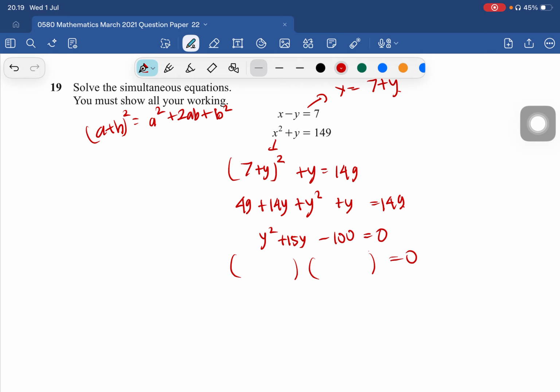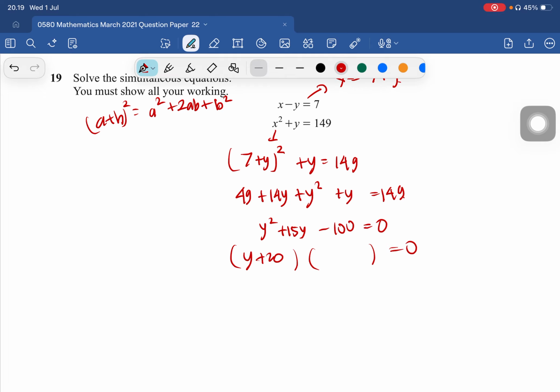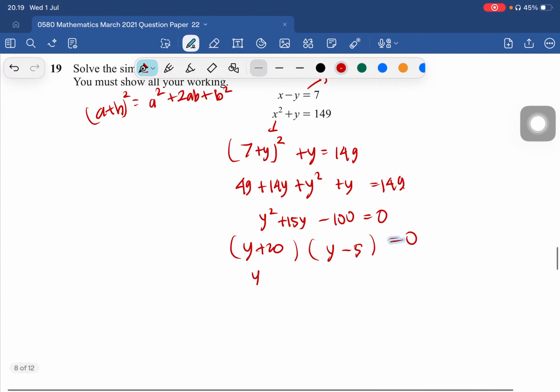When we multiply it equals negative 100, while the addition equals 15. So we got y plus 20 and y minus 5. Yes, 20 minus 5 equals 15 and 20 times negative 5 equals negative 100. So we got first y equal to negative 20 and the second y equal to 5.